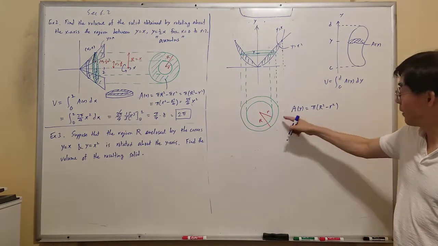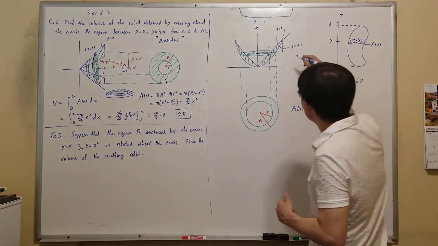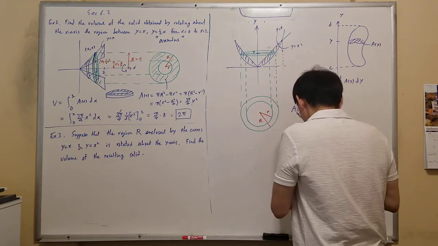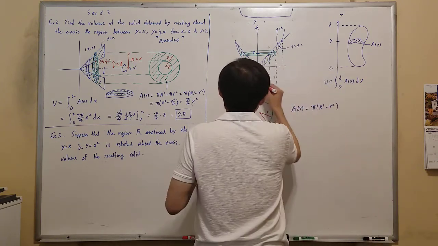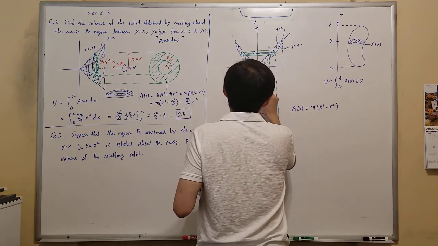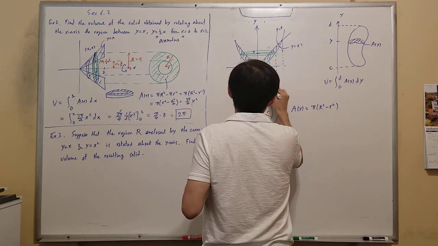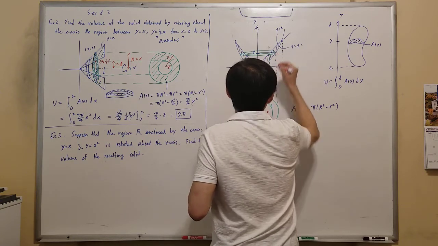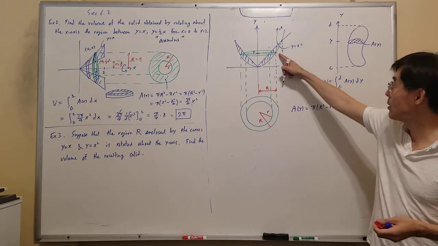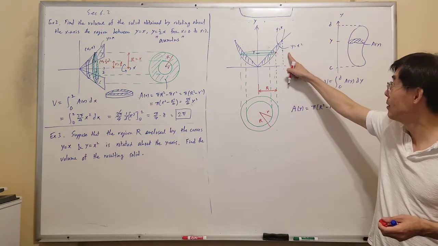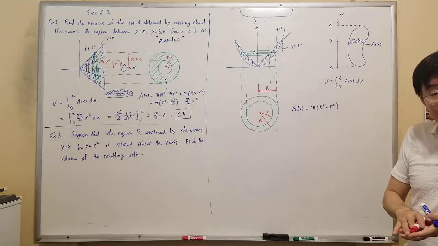Now, we have to find this as a function of y. So, for given y, what is this point? Capital R is here, related to this point. Now this is x squared on the graph. But we want to write everything in terms of y.